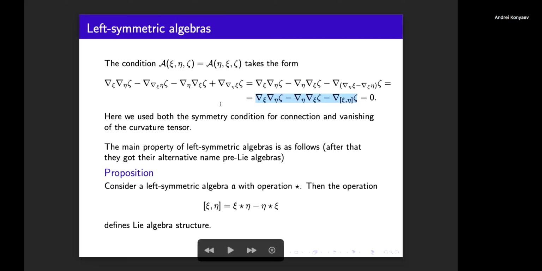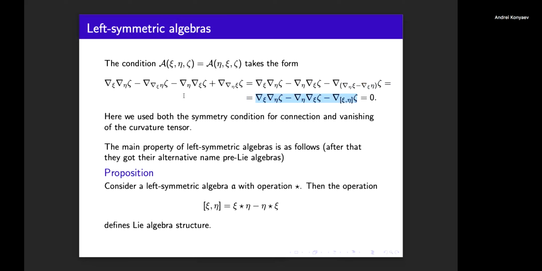See, so we have a very nice operation. We see that if you have a flat symmetric connection, then you have an infinite dimensional left symmetric algebra behind it. You can go a little bit further and consider not all the connections, but for example, the connections that are invariant with respect to the action of some group, and you will get left symmetric structures on the orbits of the action of the group.